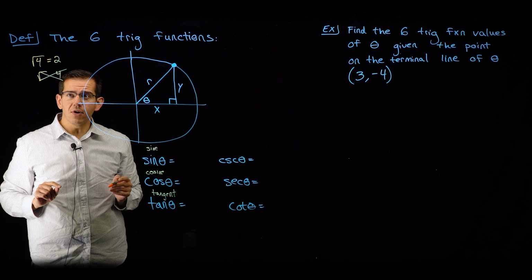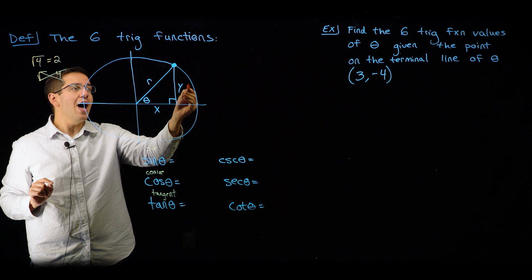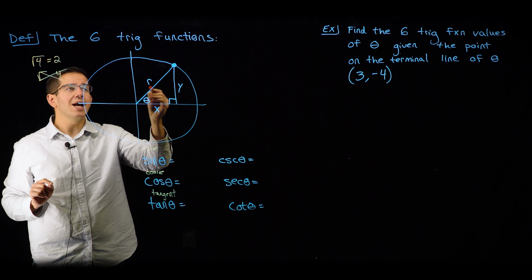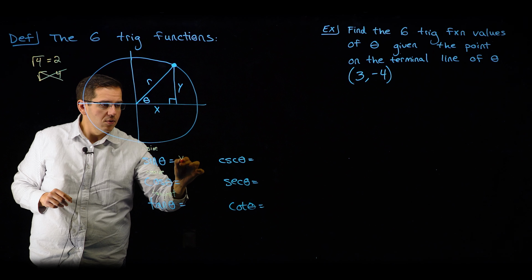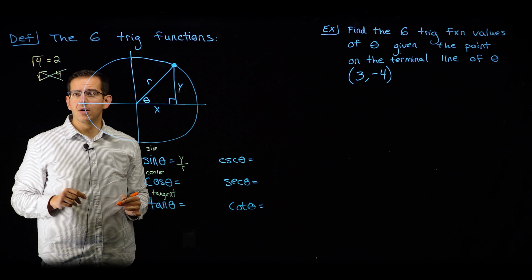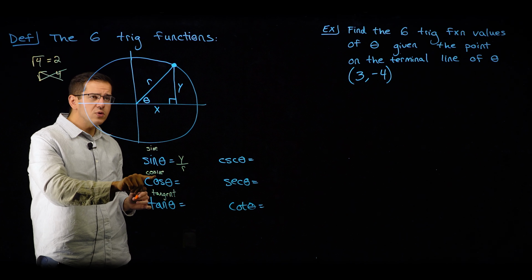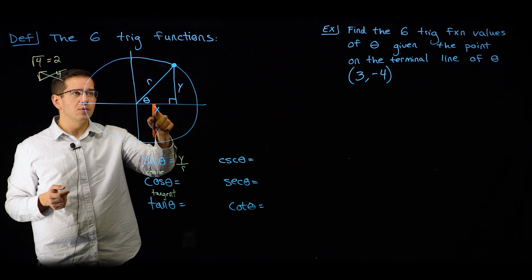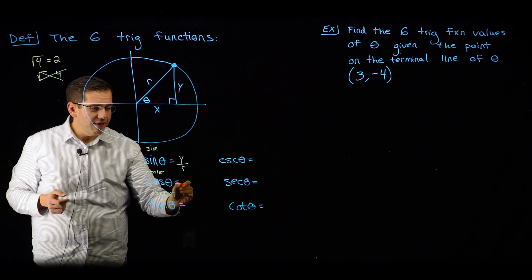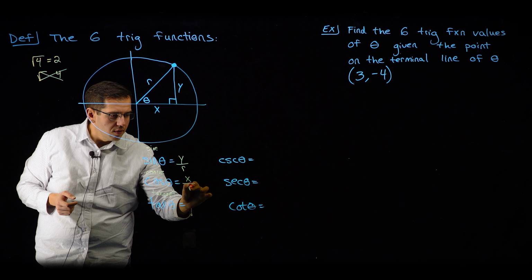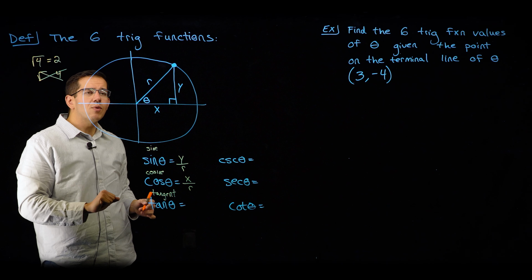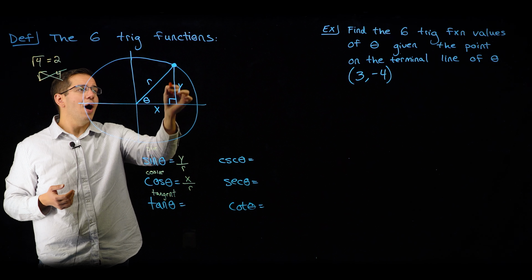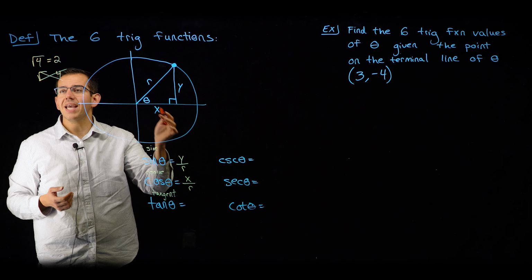Sine represents the first ratio, which is the y value divided by the r value, y over r. Cosine represents the ratio of the x value divided by the r value. And tangent represents the ratio of the y value divided by the x value.